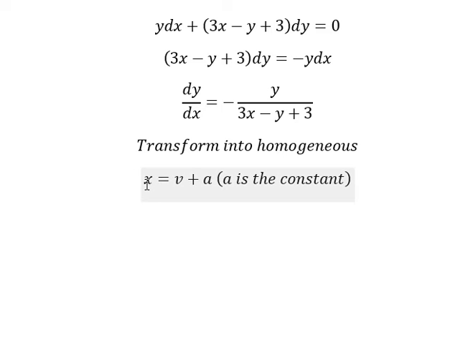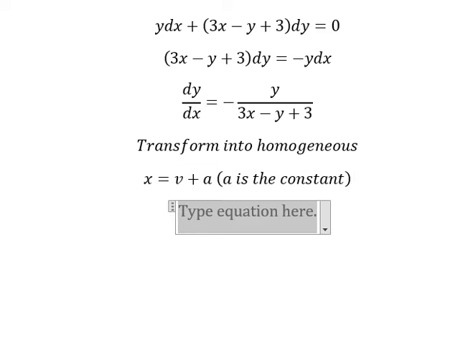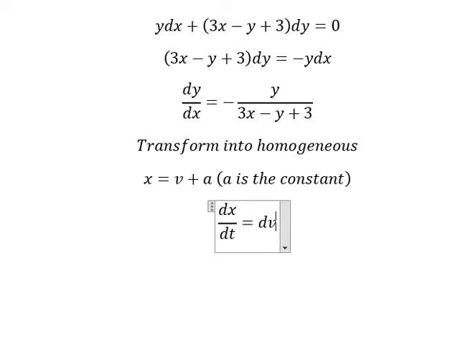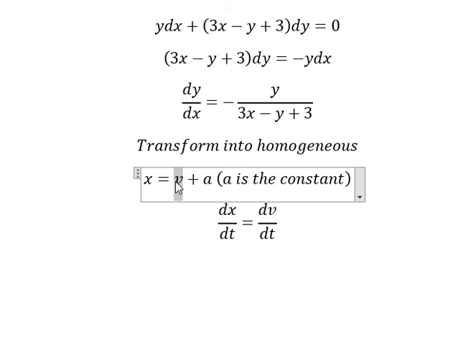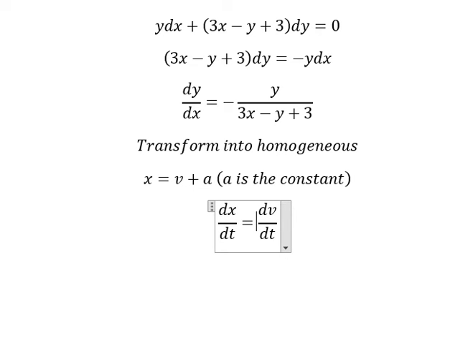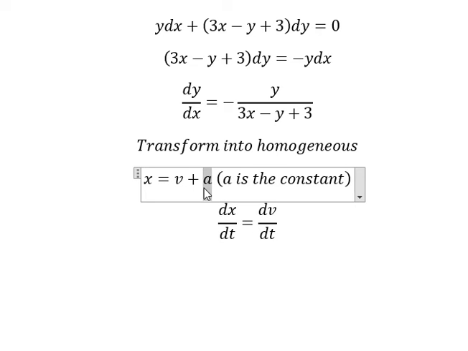Now if we do the first derivative for both sides, we have ds over dt equals dv over dt, because the first derivative of v is number 1, and the derivative of the constant is 0.